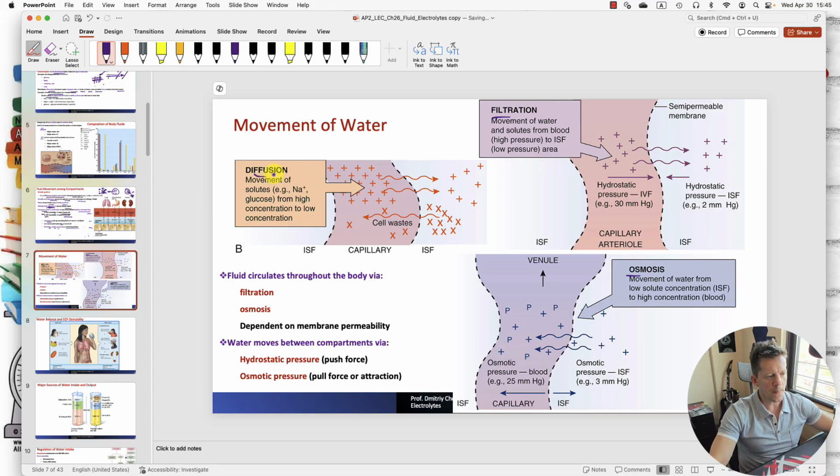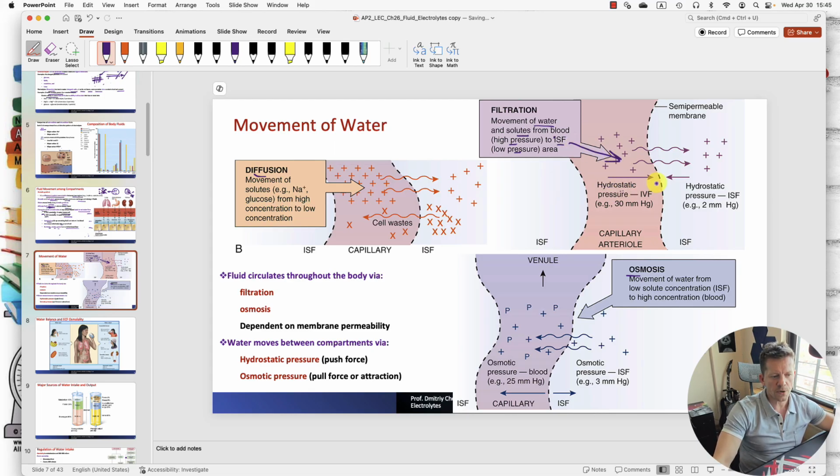Pay attention. Filtration is the movement of water and solutes, let's say in the kidneys, from blood with higher pressure to interstitial fluid with low pressure. So filtration goes from high pressure to low pressure, and you're filtering through.